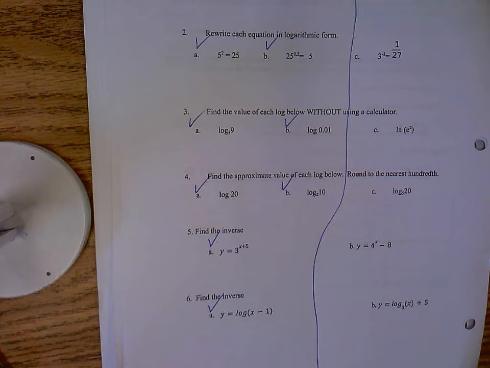And then you subtract 5 from that log side. So a base of 3 looks like this little guy, then the x, and then minus the 5. Yeah, that's it. That's the inverse function. See if you can do 6a because it's the opposite of what you just did. It's starting out in log form and you're putting it in exponential form.